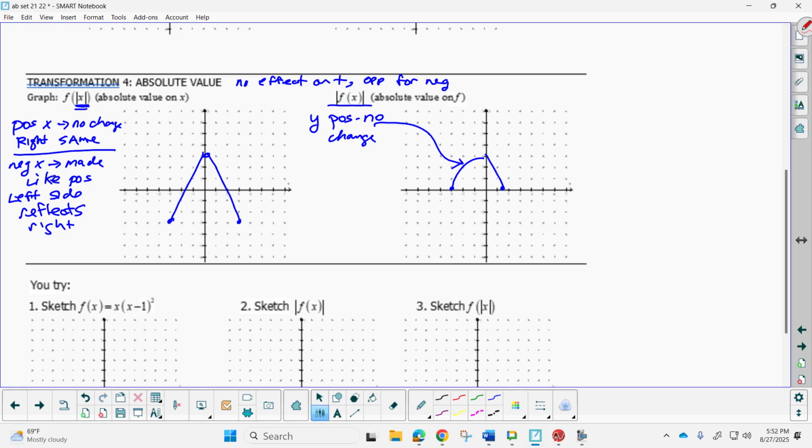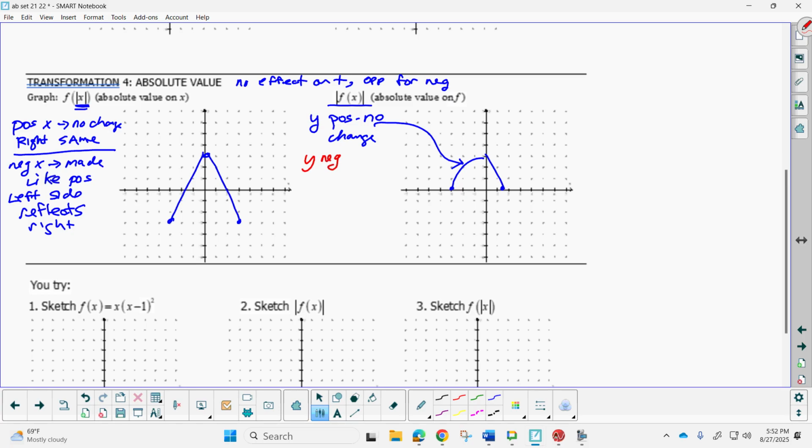Here goes the other part, though. Where y is negative, this is not going to cause a reflection. I know you think, well, okay, this will be a reflection too. That's not a reflection. Y's are negative. The function makes the y values, so it'll still make that little tiny circle and all that stuff.